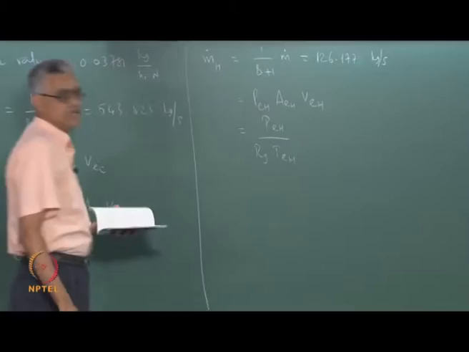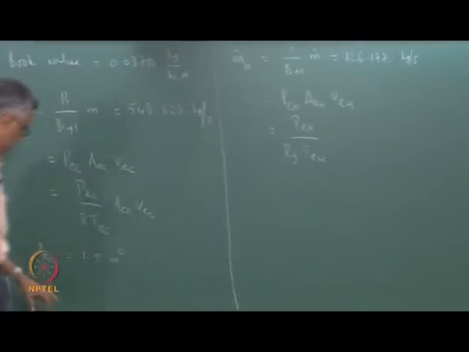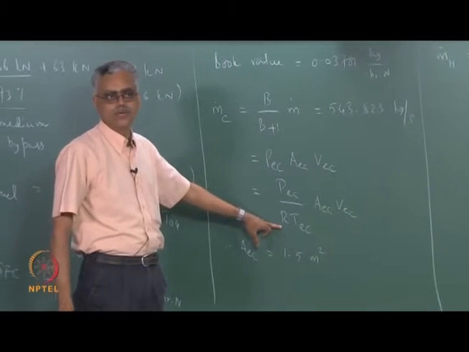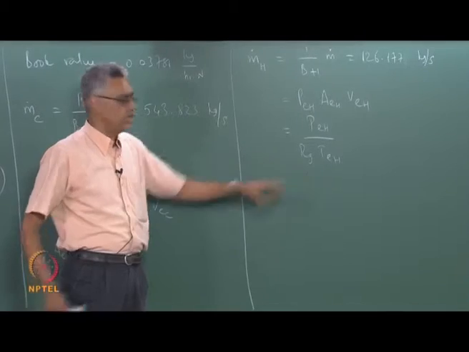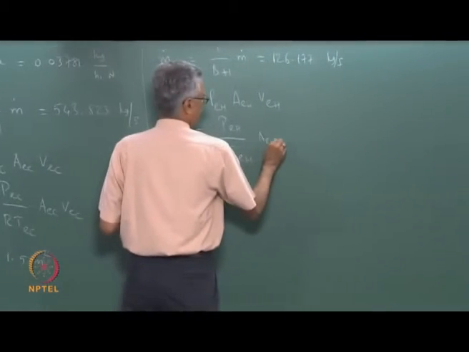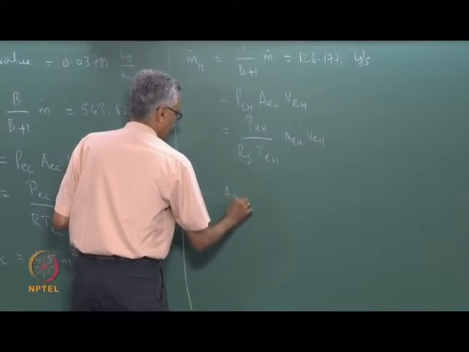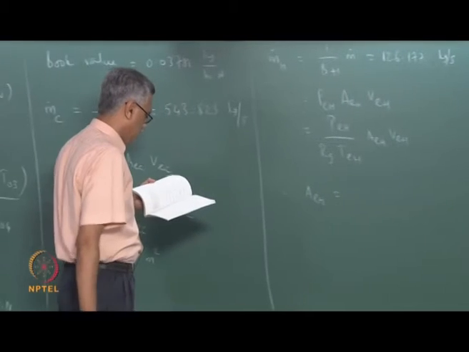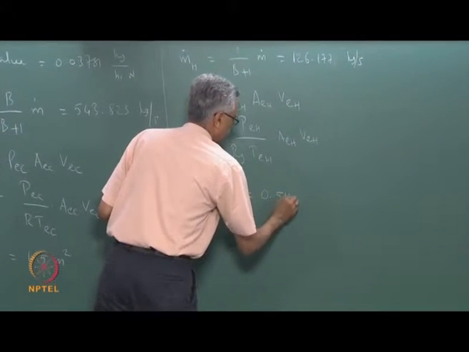Remember, these are combustion gases, so we use R sub G here, and R for the cold air. So this gives me the hot nozzle area AEH to be 0.511 meter square.